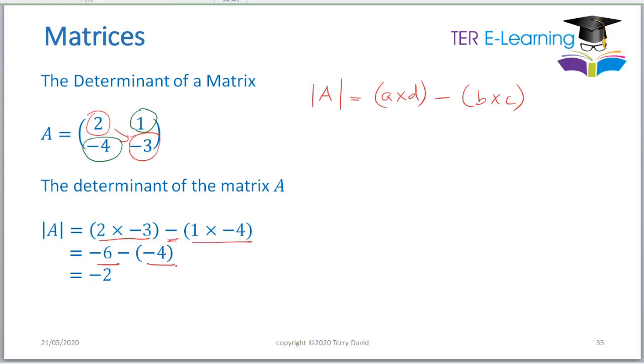Now, I deliberately gave this question because students make mistakes when it comes to minus signs. So we have minus 6 minus minus 4. Minus 6 minus minus 4 is the same as saying minus 6 plus 4, right? And minus 6 plus 4 is equal to minus 2. Some students have problems when they work with what we call directed numbers.